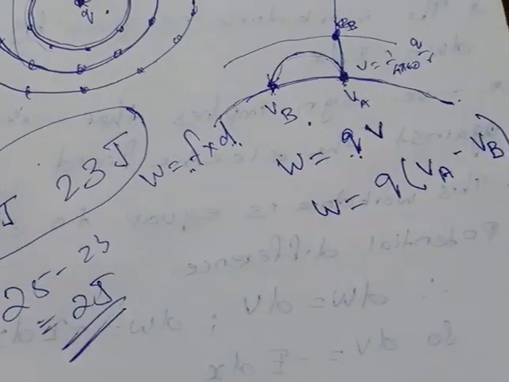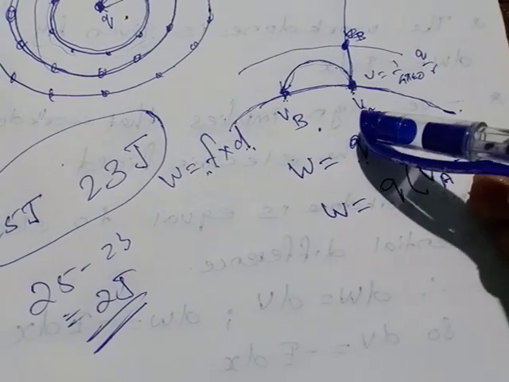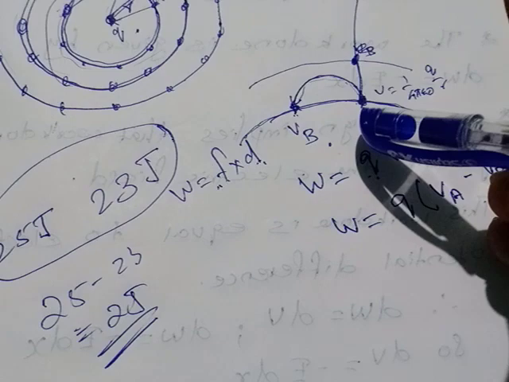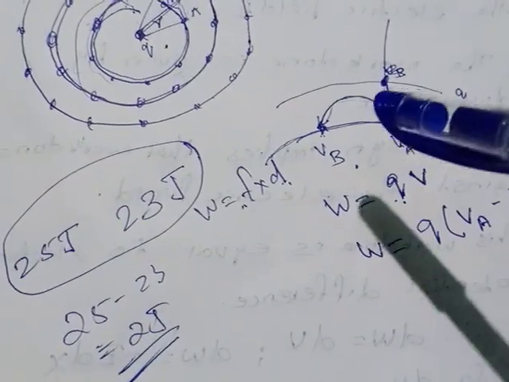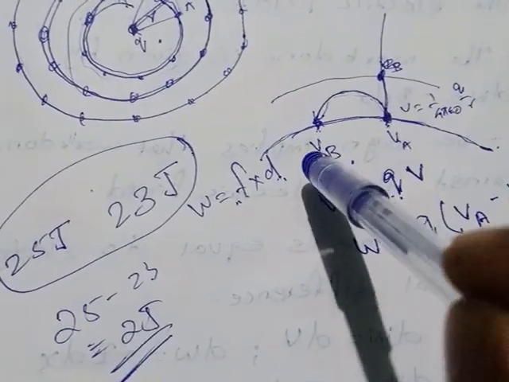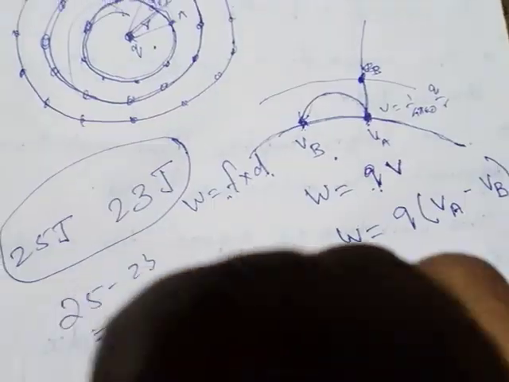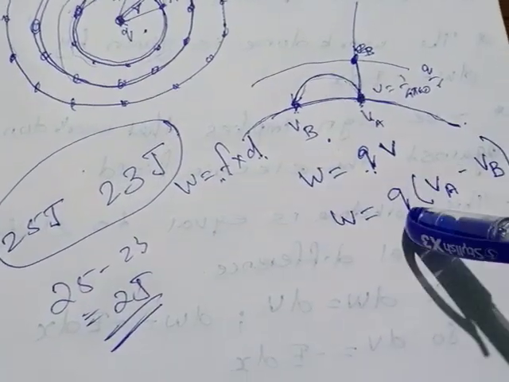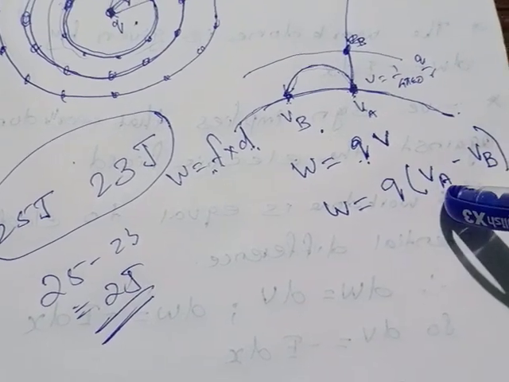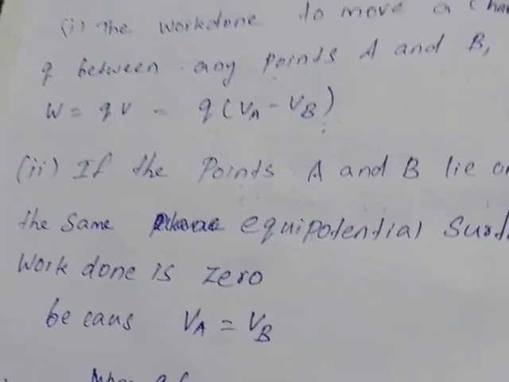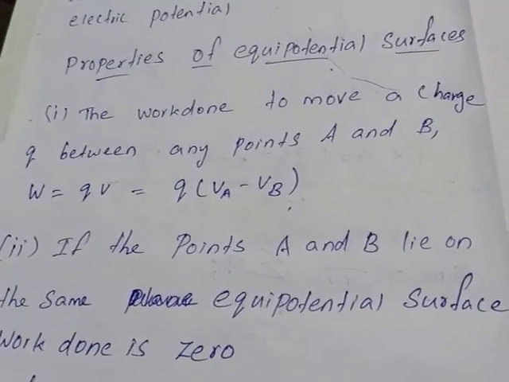That is what we did here: some work to move a point charge from one place to another place, or between 2 points. That is equal to W is equal to Q into (VA minus VB). So that is the first property of an equipotential surface.